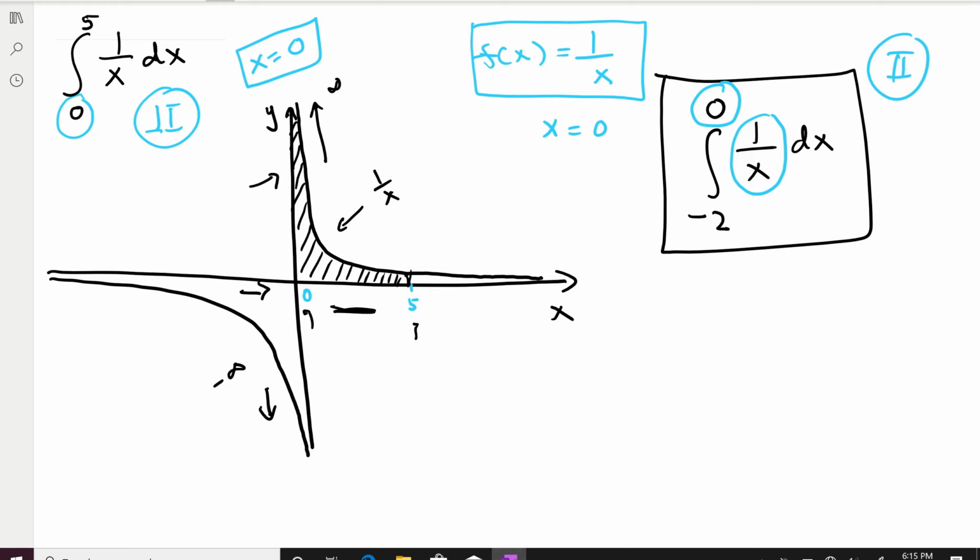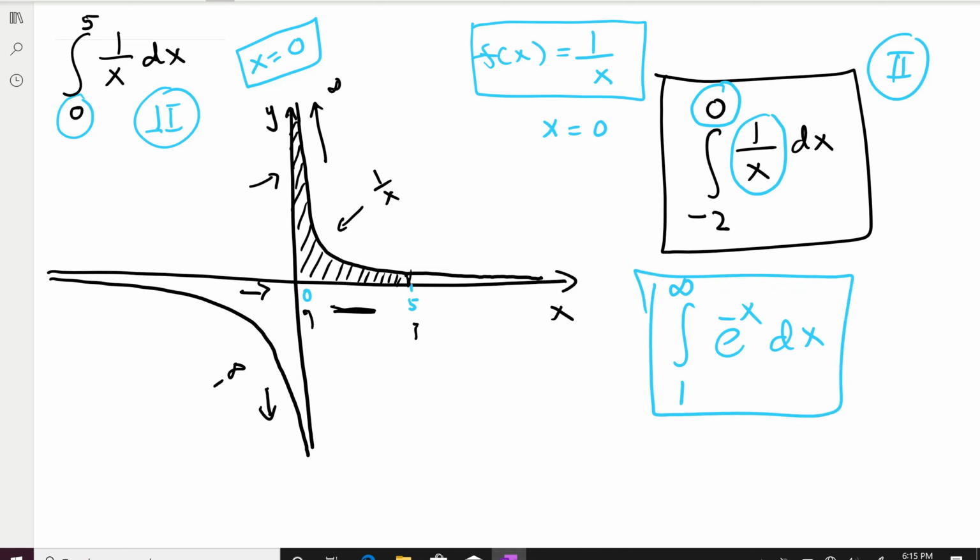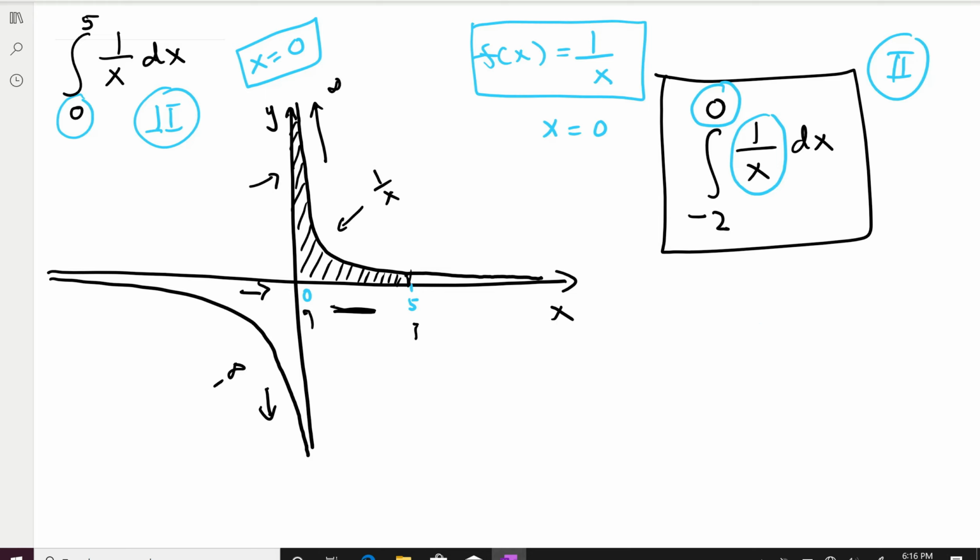Versus if you think about type 1 improper integrals from the previous case, right in front of your eyes you see infinity. But in type 2 improper integrals, you don't see it right away. The infinite discontinuity is hidden. You will not see infinity or negative infinity explicitly. You just need to work it out.